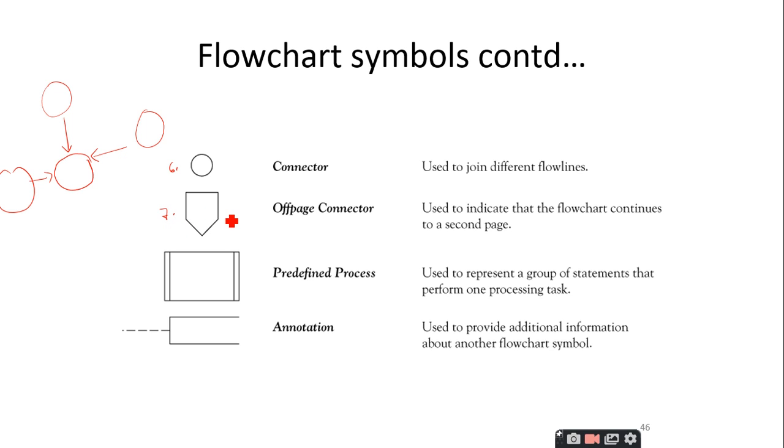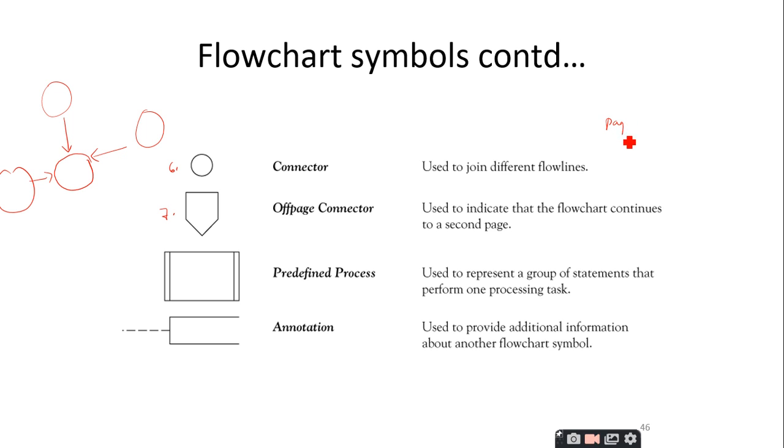And the seventh one is this symbol, which is called the off page connector. It is not mandatory that all flowcharts end in only one page. You can have more than one page; flowcharts can extend over many pages. Whenever you have such a situation, you make use of the off page connectors like this.